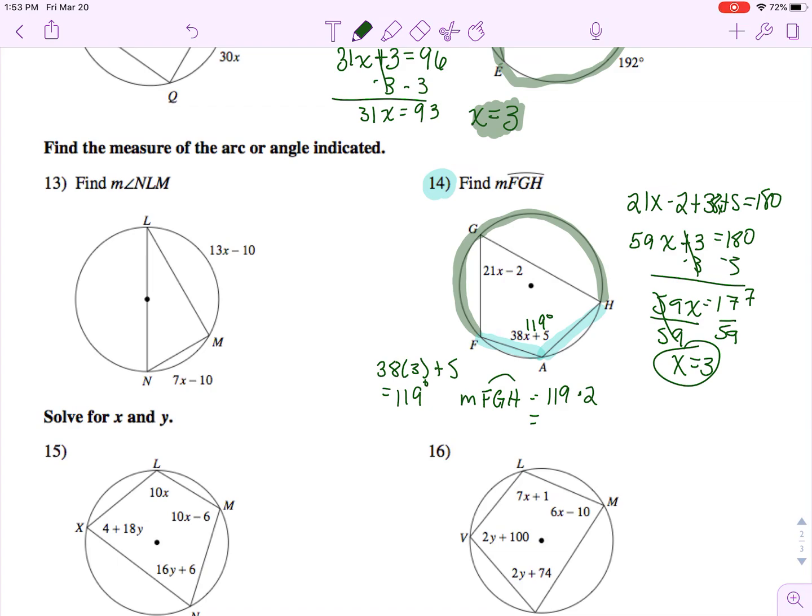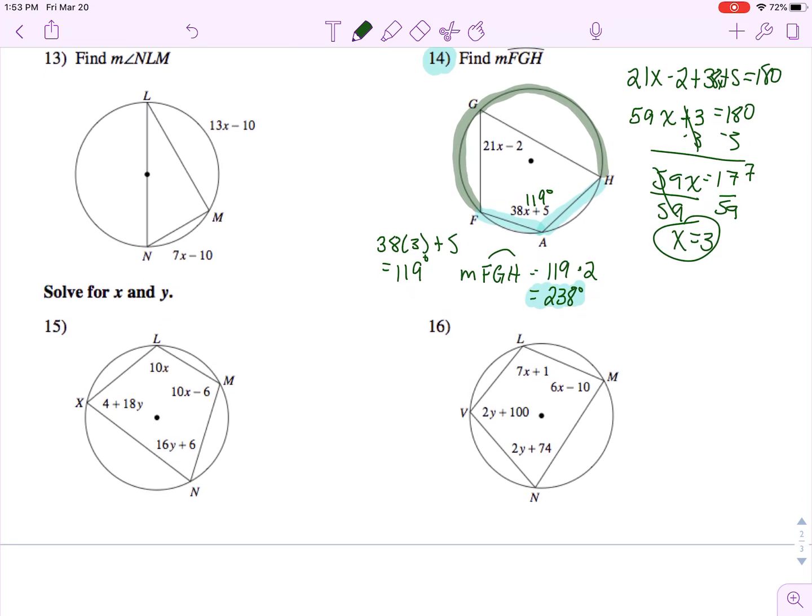So then we want to take 119 times 2. And you should get 238. If you notice that I made another computation mistake, like I added wrong, multiplied incorrectly, let me know.